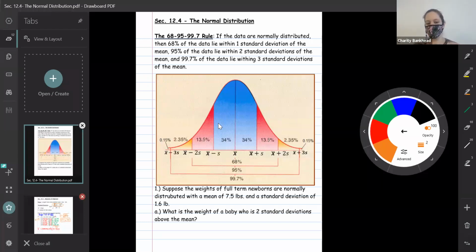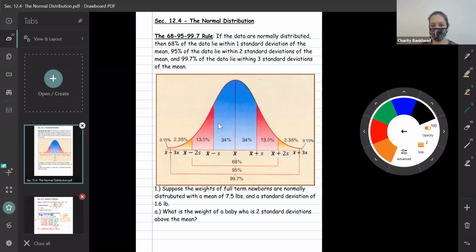Meaning, it could be heights or weights or just about anything. But the majority of the data points are going to be in the middle. That's why you have the high point in the middle. And then you have a little bit that's on the small side, and you have a little bit that's on the high side, but the majority of it's in the middle.